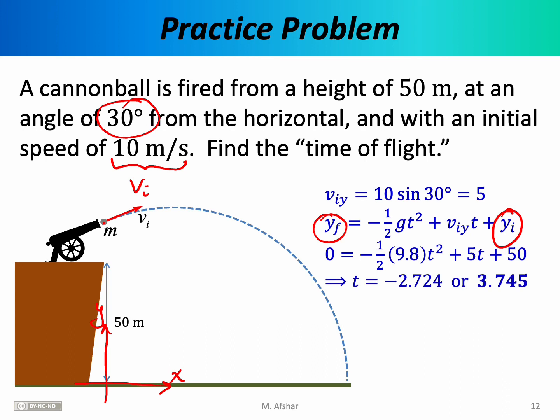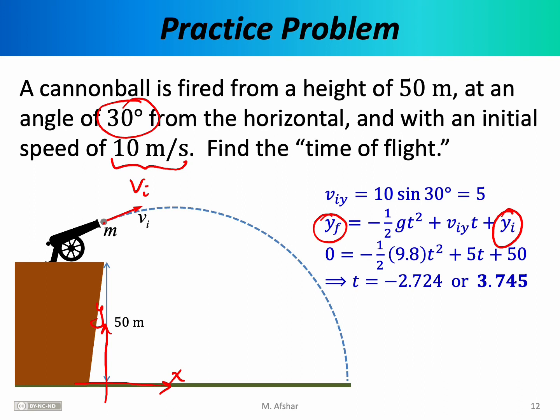Don't forget that when you use the quadratic formula to solve for an unknown, you often get two numbers, and you should really check both of those numbers. In this particular case, if you plug these numbers into your calculator and solve the quadratic formula, the two numbers that you'll get will be minus 2.7 and 3.7 seconds.